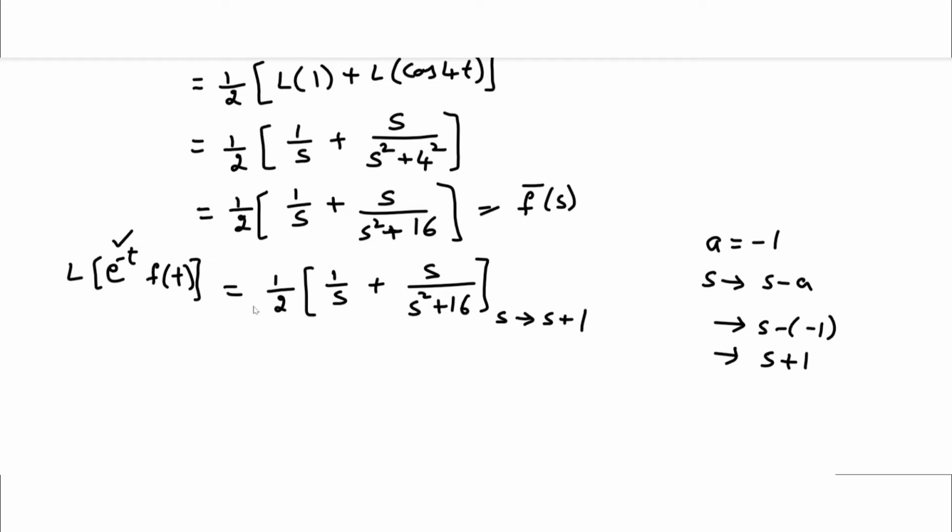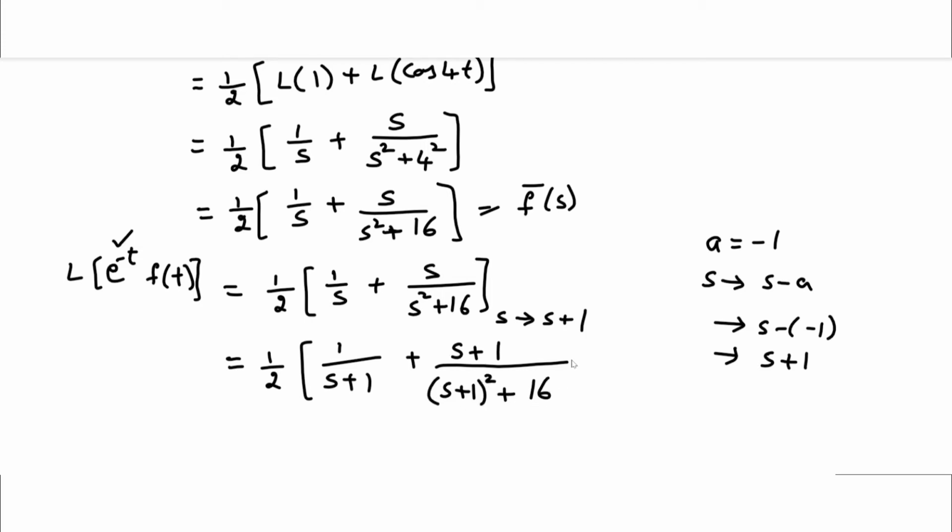So if I try to rewrite this one, wherever s is there, just put the value of s to be equal to s plus 1. So this will be equal to 1 by 2 times of 1 by s, which will be s plus 1, plus s, which will be s plus 1 whole, divided by s plus 1 whole square plus 16.